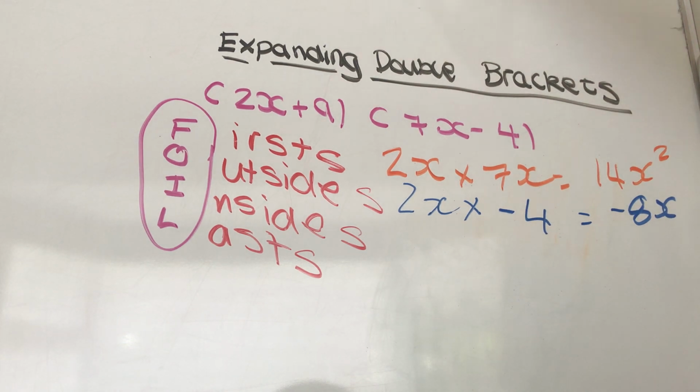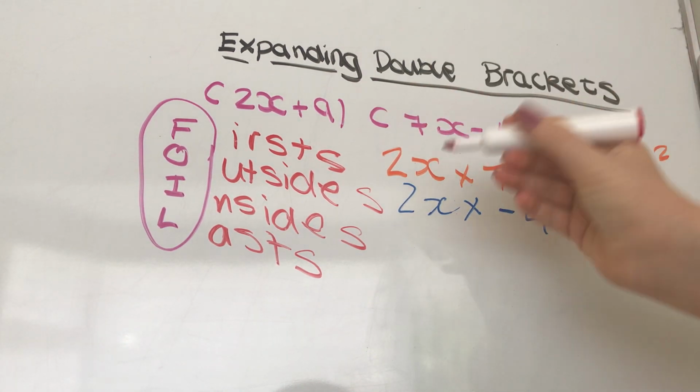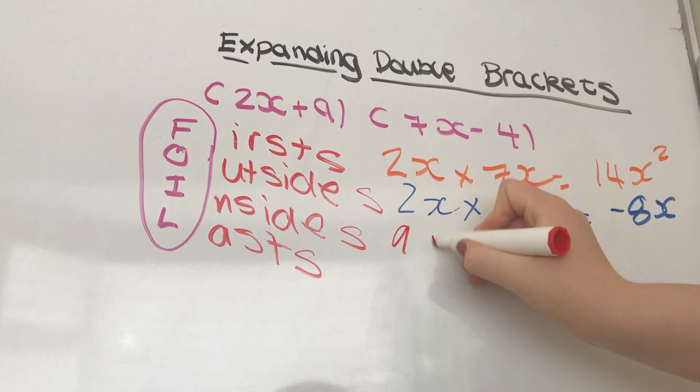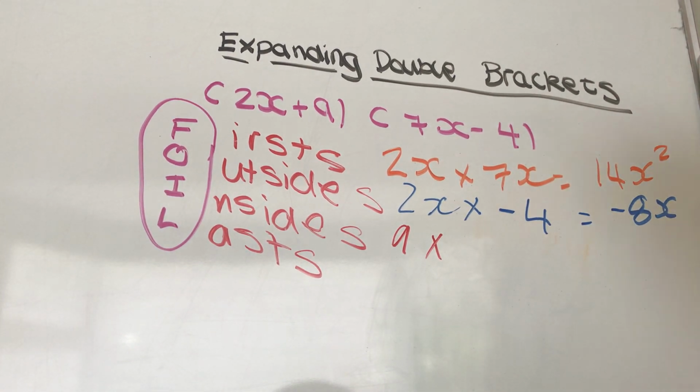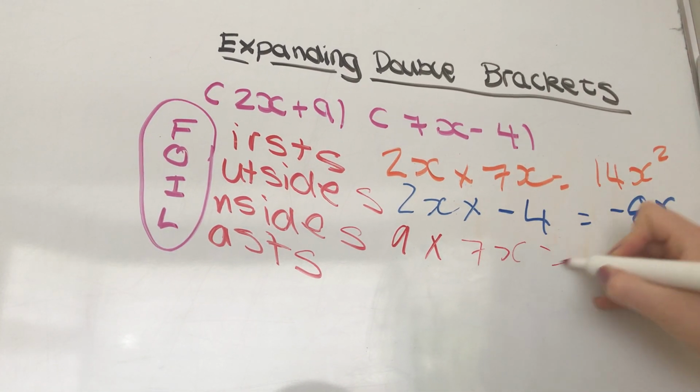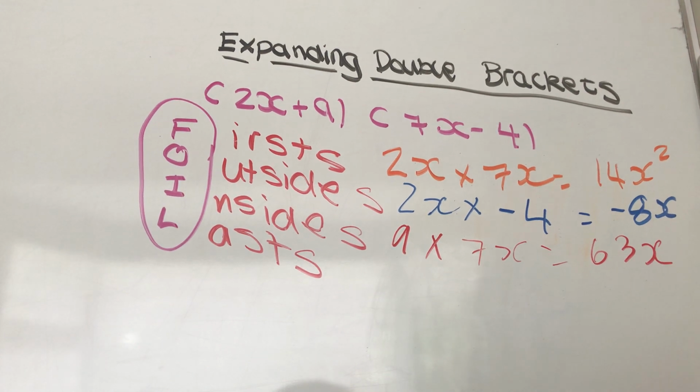And we have our 7x, it's surrounded by negative 4 and positive 9. So those are our insides terms, positive 9 and 7x. And in order to eradicate those brackets, we're going to be multiplying. So for our insides, it's going to be 9 multiplied by 7x, giving me 63x.